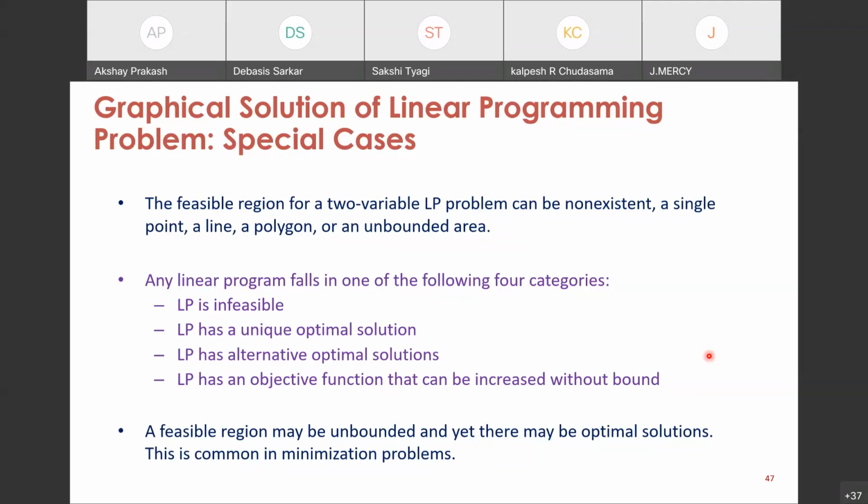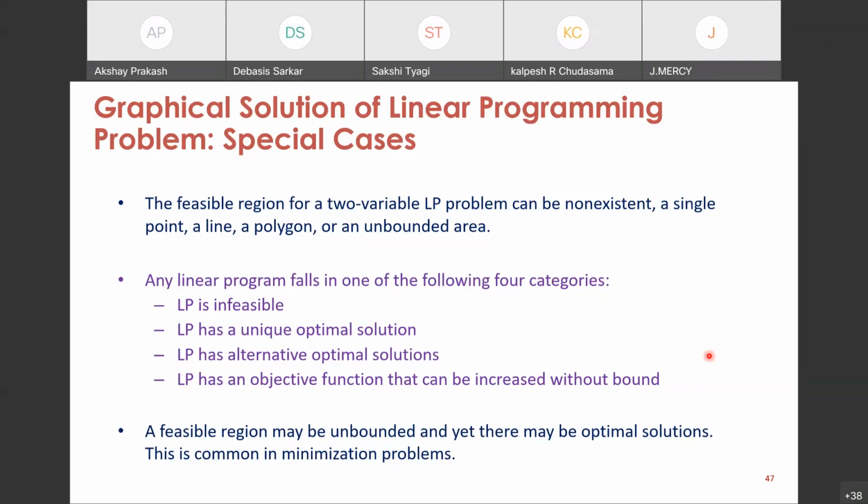Based on the feasible region you have, a linear programming problem may be infeasible. It may have a unique optimal solution, alternative optimal solutions, or an unbounded solution, meaning the objective function value can be increased without any bound.